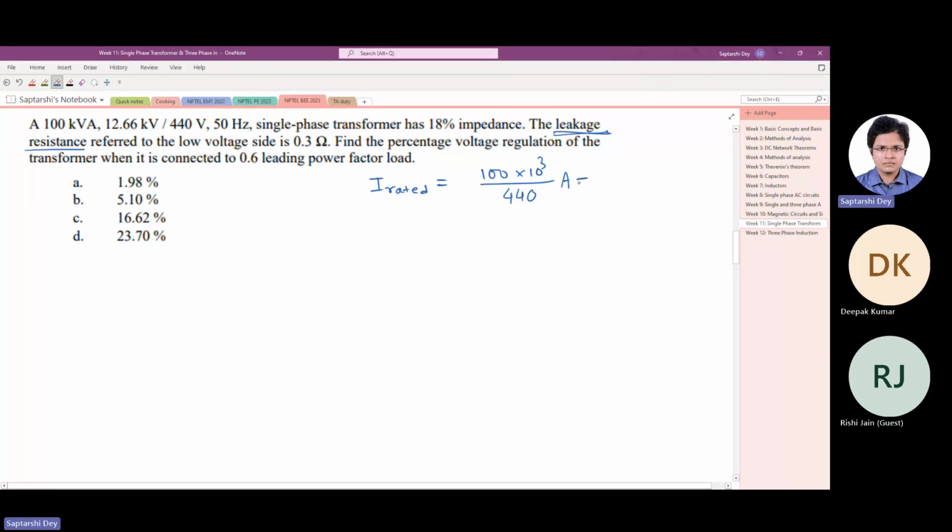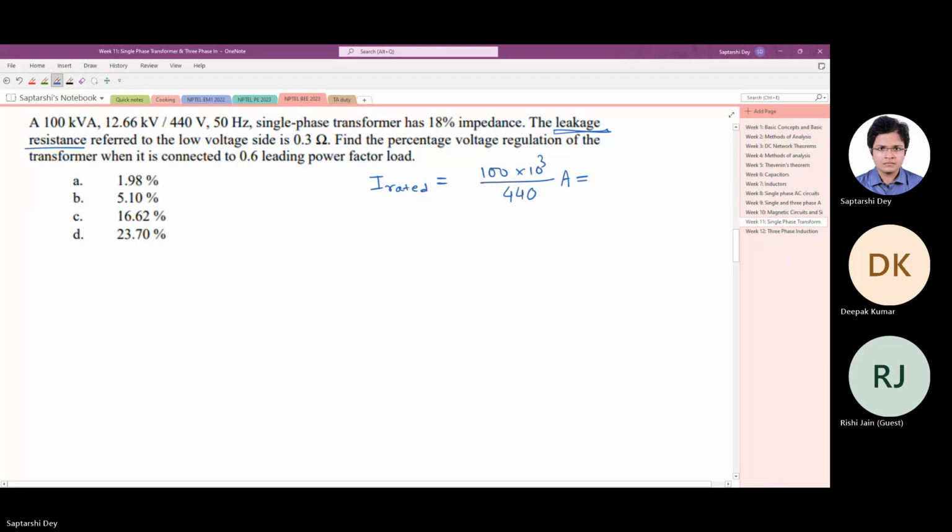So this is called per unit impedance. Per unitization is to give you a general idea. Yes, I read per unit in power system.